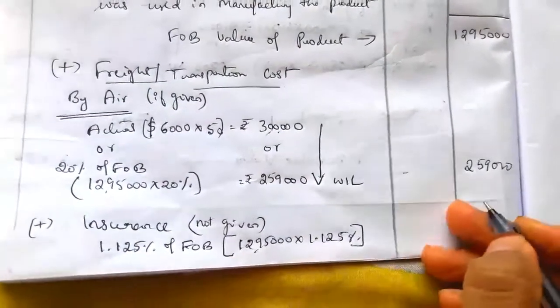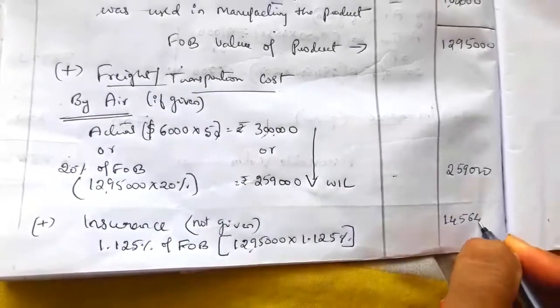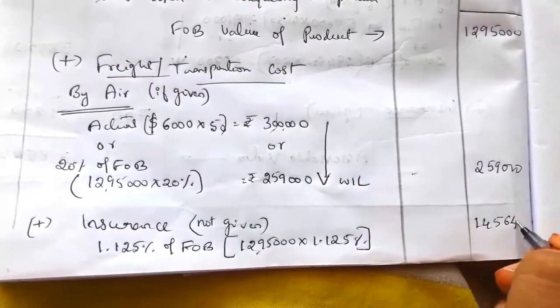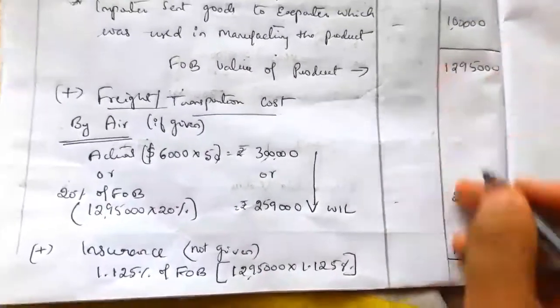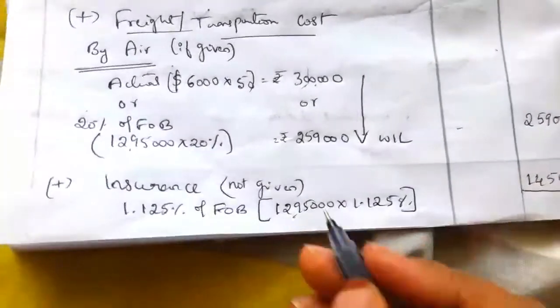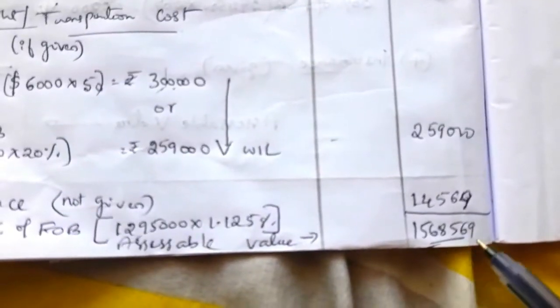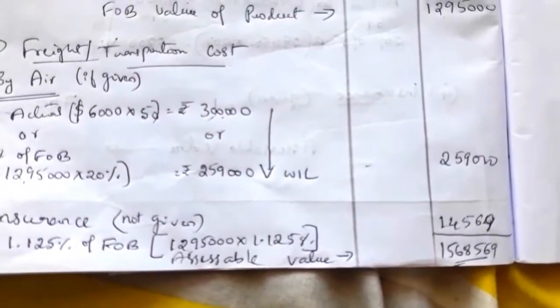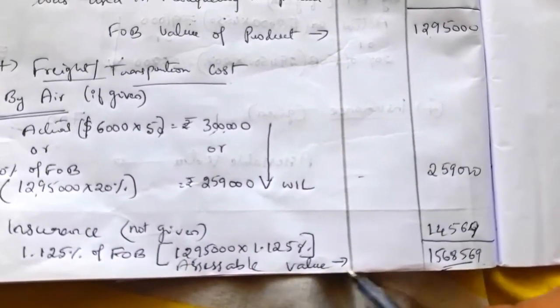If you calculate, you will get 14,569 in Indian rupees. There is no other info, so if you total, you will get the assessable value, which is 15,68,569.